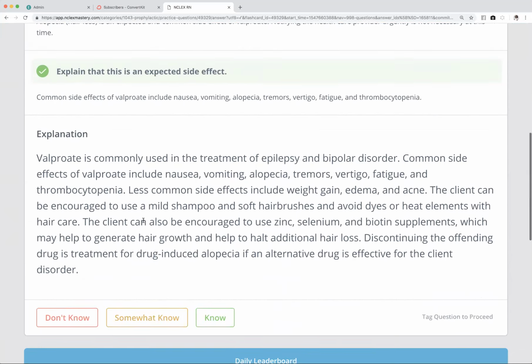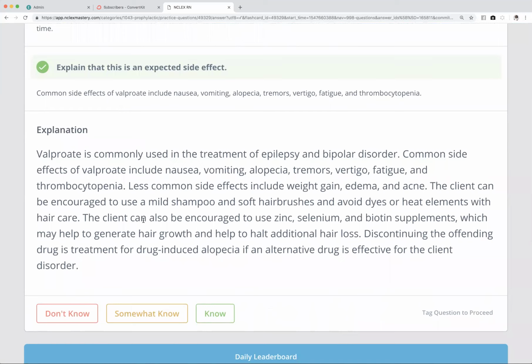And now, if you didn't know what the medication was, it's no big deal, because we solved this by not even knowing what the medication classification was. We solved it by using the keywords and the appropriate keyword at the end of the question. But here it is. Valproate is commonly used in the treatment of epilepsy and bipolar disorder.